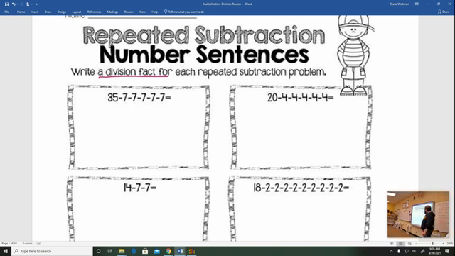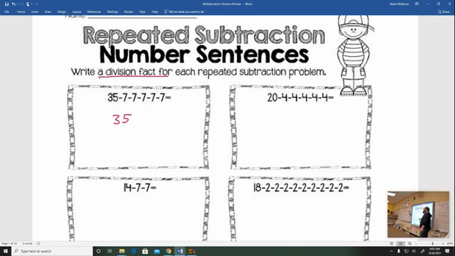There are definitely 5 sevens there. Is it 5? But that's the answer, right? But so what's the division problem though? Jack? I'm looking for a division problem.